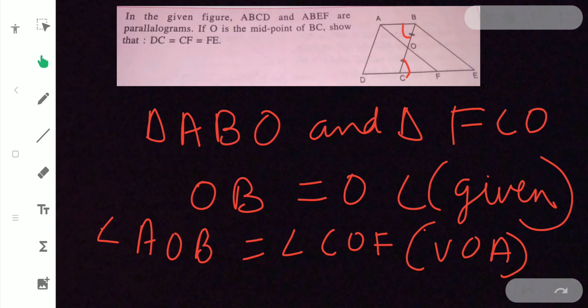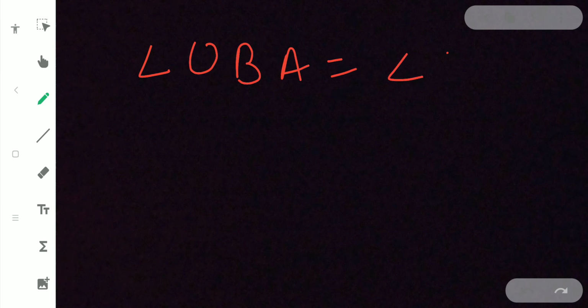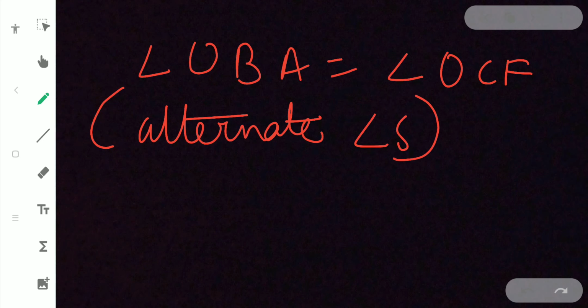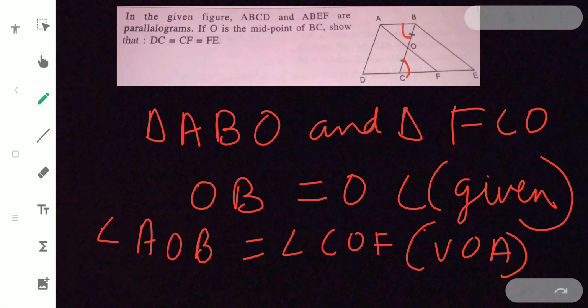So we will have the last one as angle OBA is equal to angle OCF, because they are alternate angles. And now what we got from this?